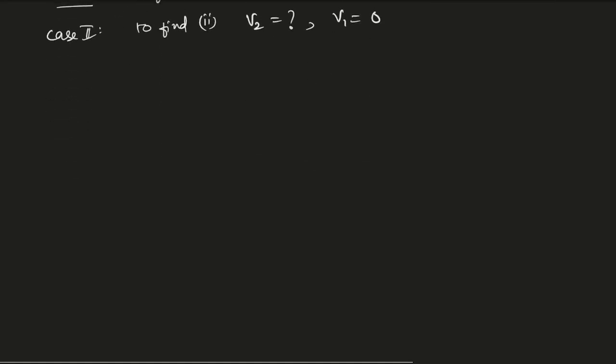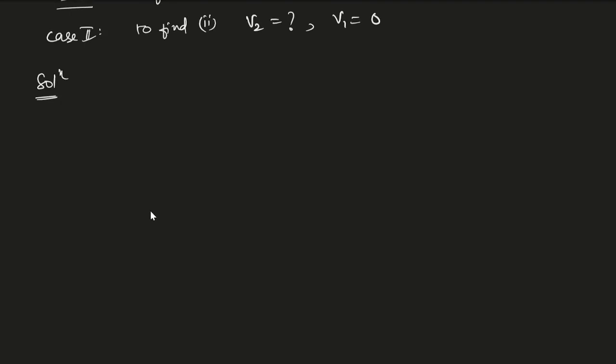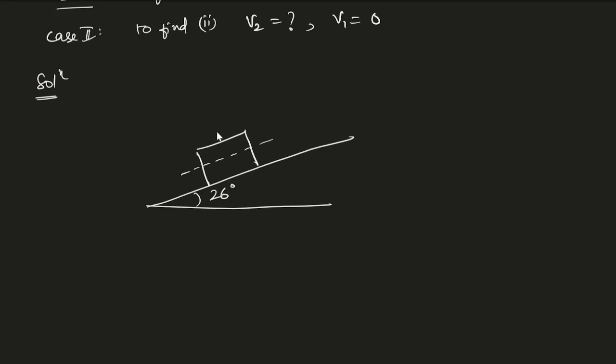The first case. So in the first case, we have a package at 26 degrees and it is being moved in the upward direction. This is our first position and this is our second position. We are dealing with case 1.